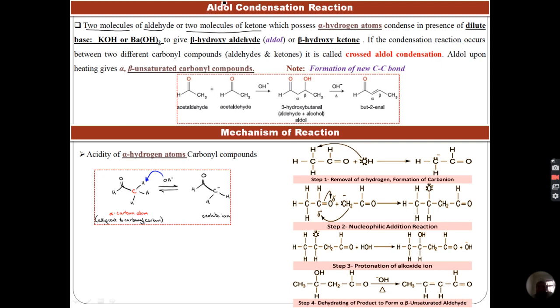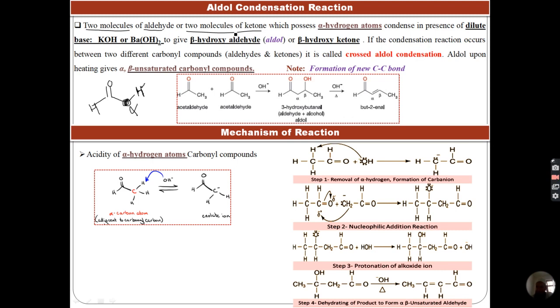We have defined alpha hydrogen: if you have a carbonyl compound, C double bond O, then adjacent to that carbonyl you must have a carbon atom, and there must be at least one hydrogen atom present on it. This carbon adjacent to the carbonyl is called the alpha carbon, and the hydrogen atoms on that particular carbon are called alpha hydrogens. So this is the requirement.